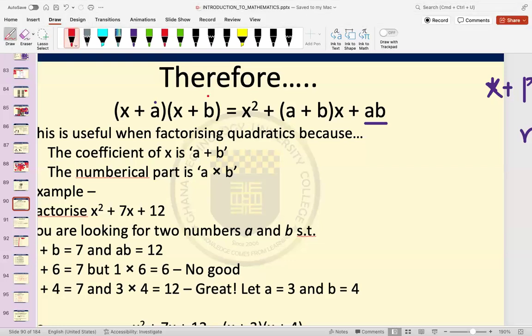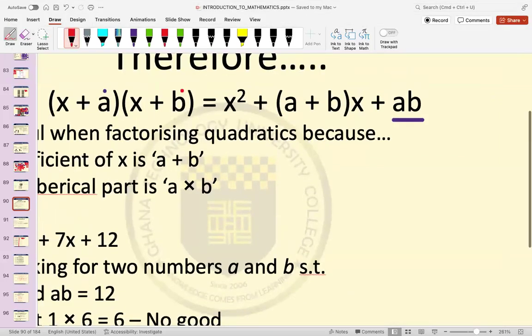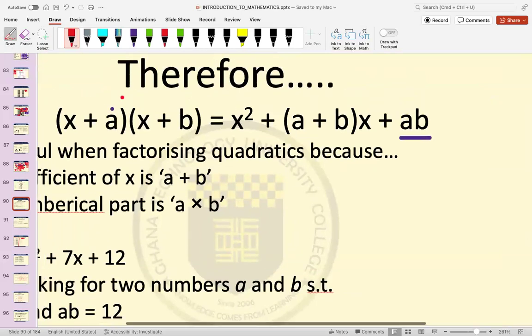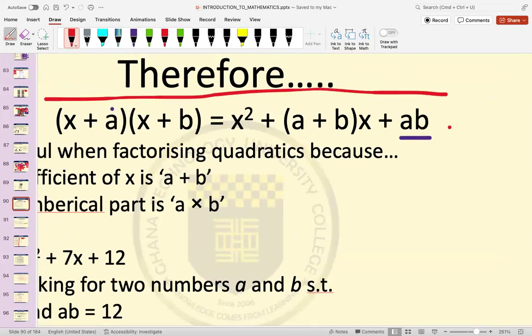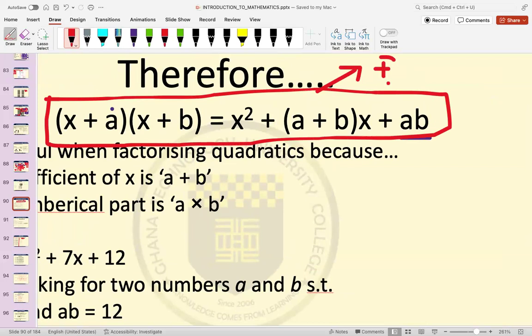So any form of quadratic equation in algebraic form looks this way. And from what we have learned today, there is a sum in the equation and there is a product in the equation.